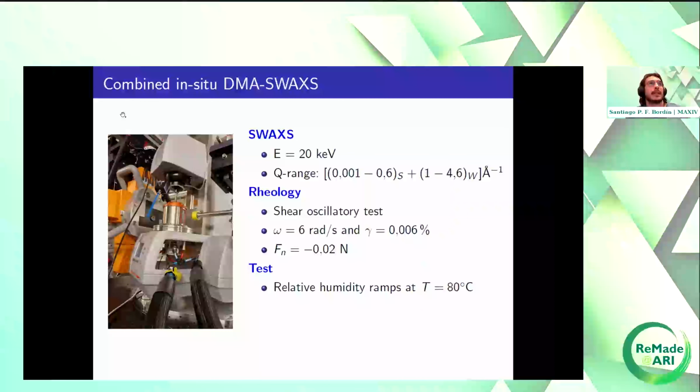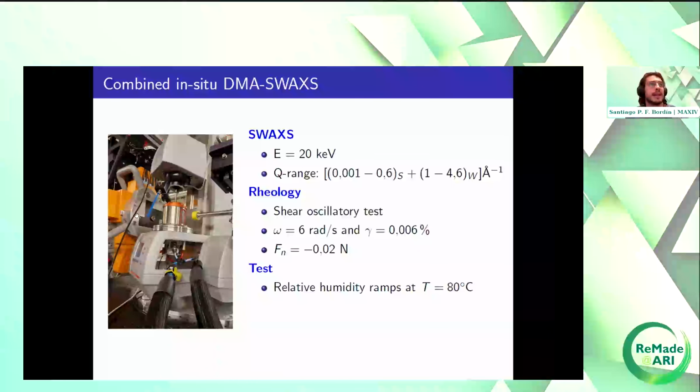So that is the setup that we use. Here we have the rheometer with the chamber that is able to control the temperature and the humidity. For this, now the X-ray is coming. Here we have the window that goes through the chamber.